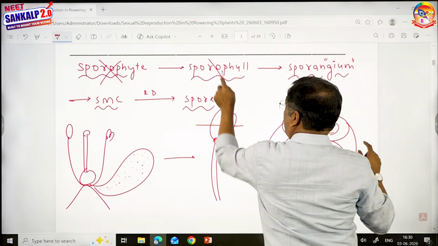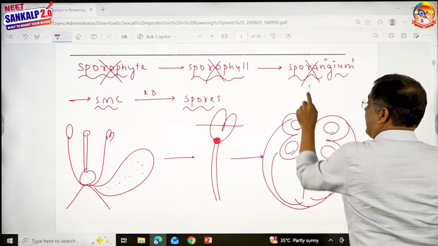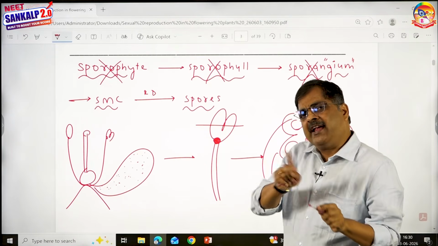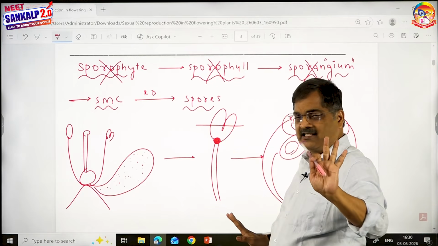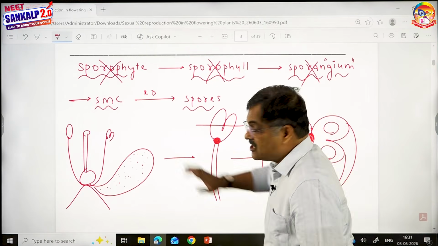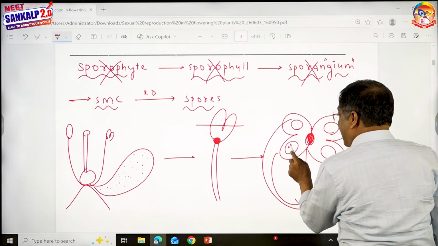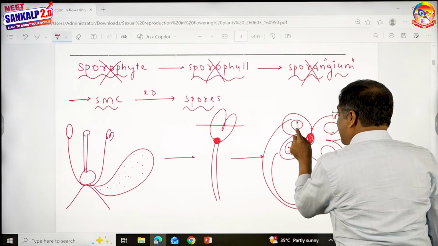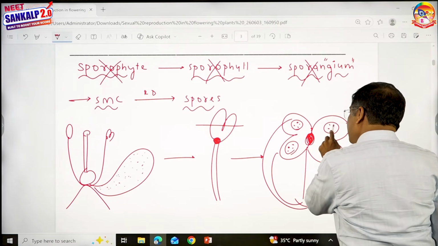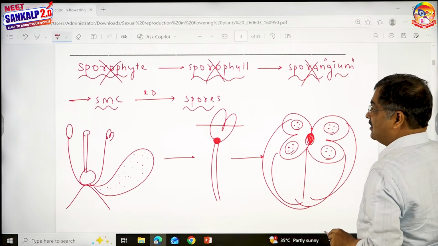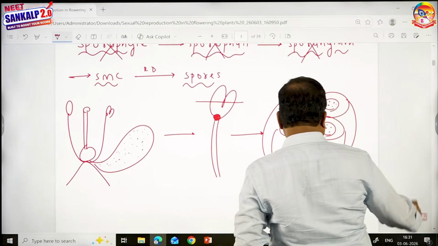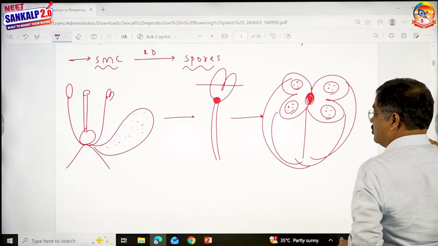So we have completed sporophyll, we have completed sporangium. I am using a prefix: microsporangium. In place of sporophyll, microsporophyll. That is the only difference. Then you see spore mother cells. Inside that, there are many spore mother cells. They undergo reduction division and the spores are produced.